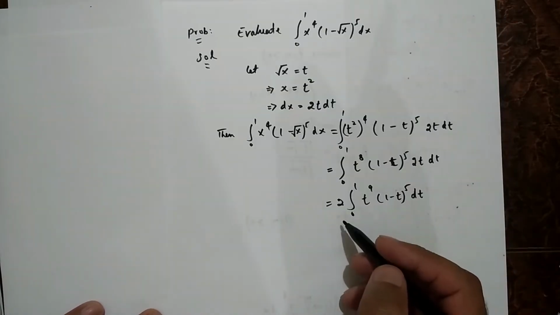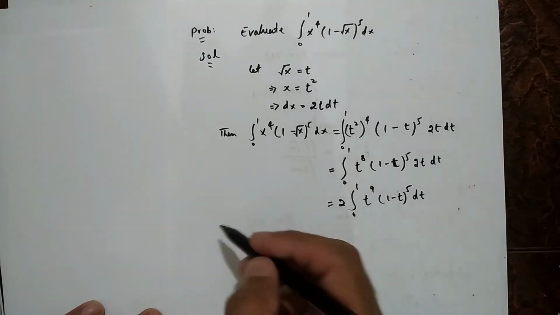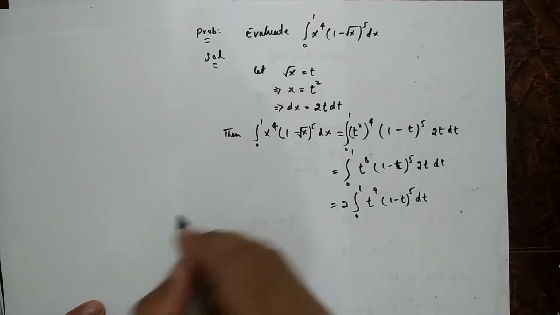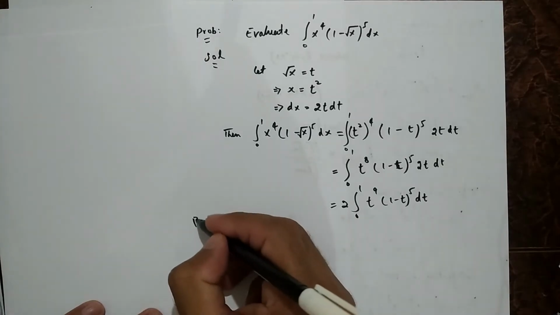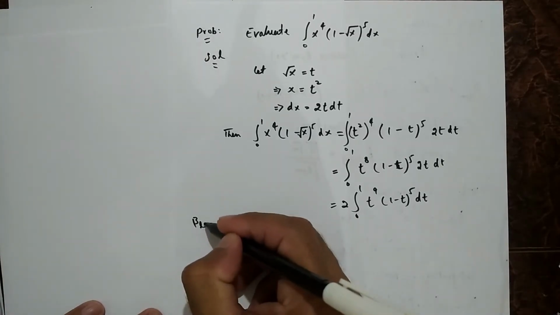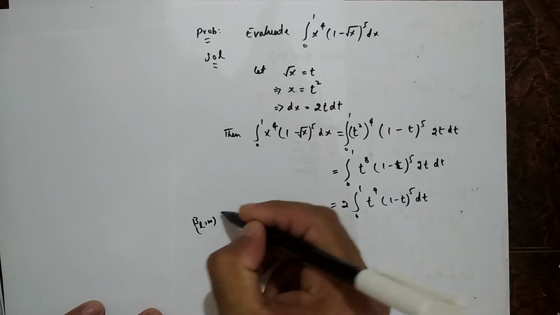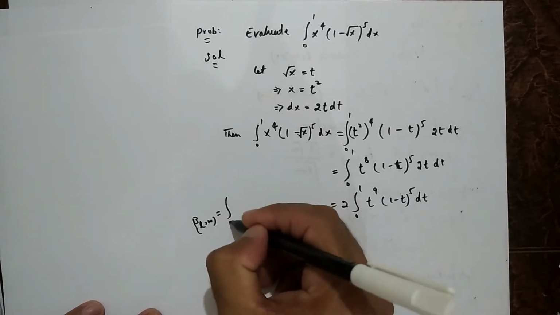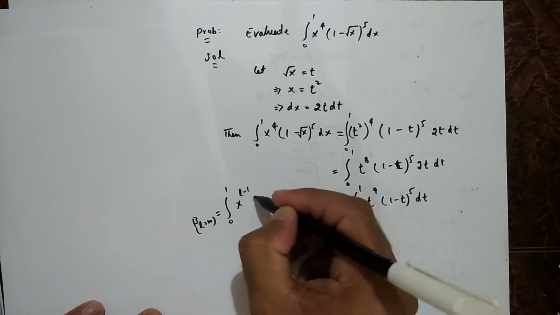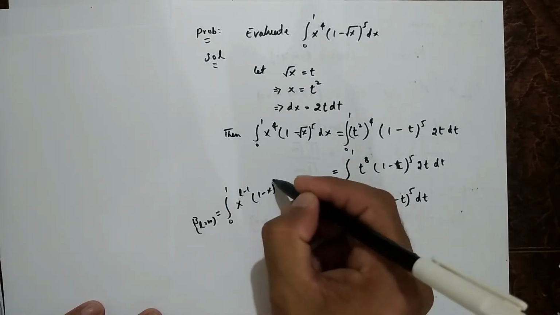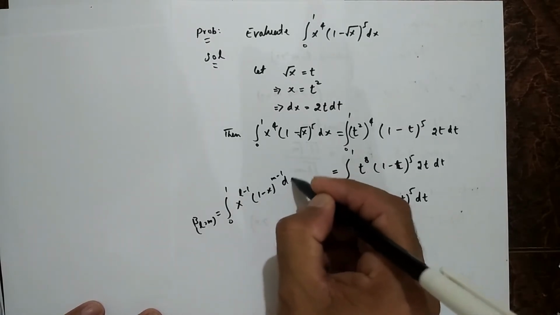Now look at the beta integral, which is beta(l, m) equal to the integral from 0 to 1 of x to the power l minus 1 into (1 minus x) to the power m minus 1 dx.